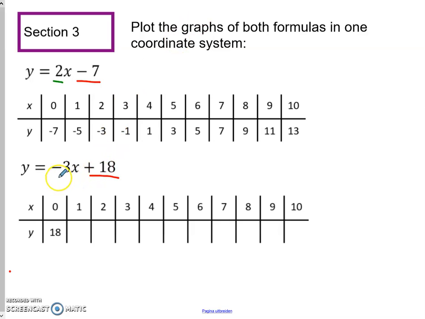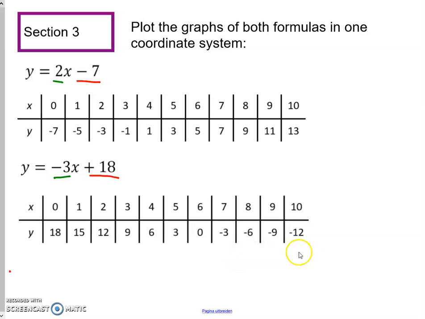And in this formula, the gradient is minus 3. And this means 1 to the right, 3 down, because it's minus 3. 1 to the right, and then we go 3 down. So 18 minus 3 is 15. 1 to the right, minus 3. 1 to the right, minus 3. And again, when you know this, you can fill in a table really quickly.